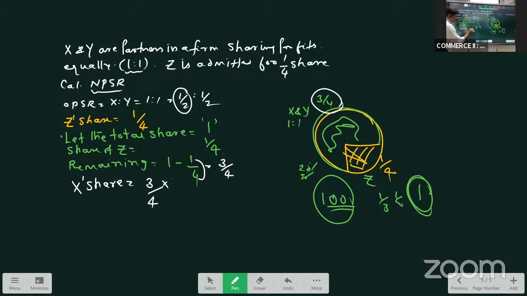So into 1/2. 3 ones are 3, 4 twos are 8. So now in the new form, X will get 3/8. And Y's share: 3/4 into 1/2. Again same, because earlier they were equal partners. So 3/8.